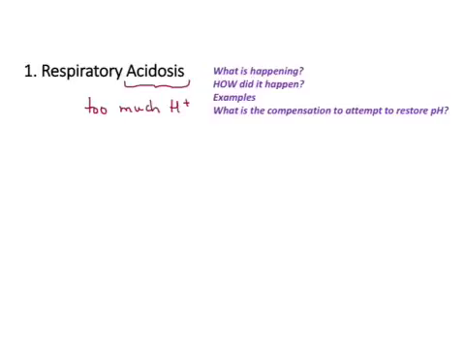I'm acidic. It says that my respiratory system played a role in that, so then I can conclude, well, I must have too much carbon dioxide. And too much carbon dioxide actually gave me the hydrogen, but I'm showing how I just use this term here to derive in a logical fashion.